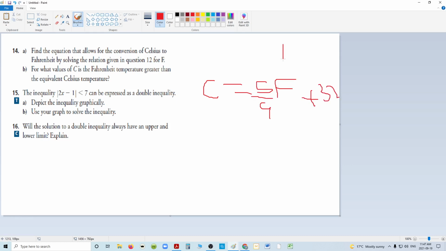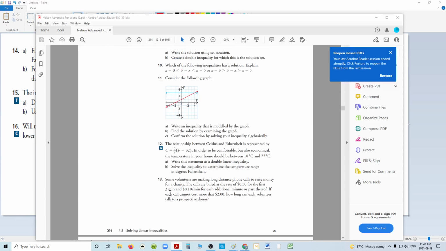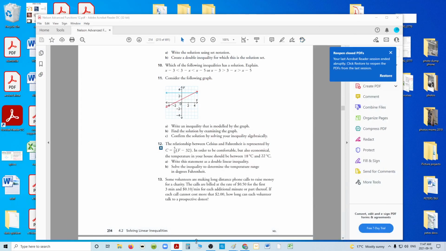Let's try that out. So now they want you to solve for Fahrenheit, right? So that's one equation for Celsius. Let's just make sure that's the right equation. Oh, it's 5/9 (F minus 32). Okay, F minus 32.